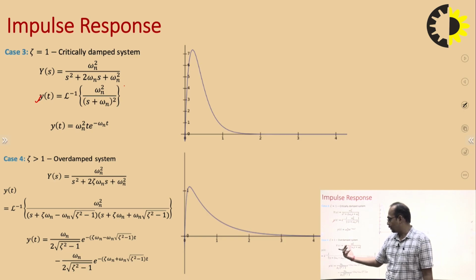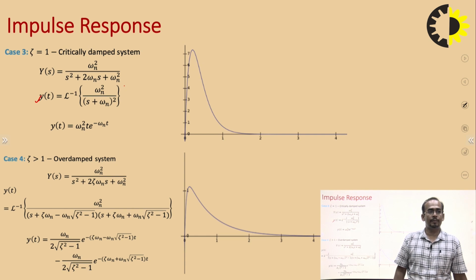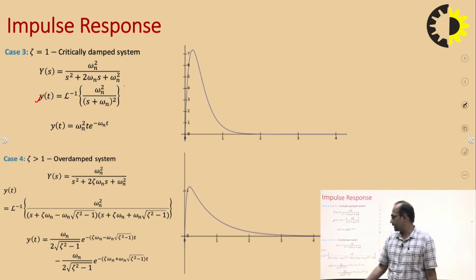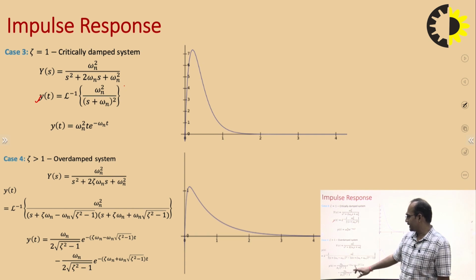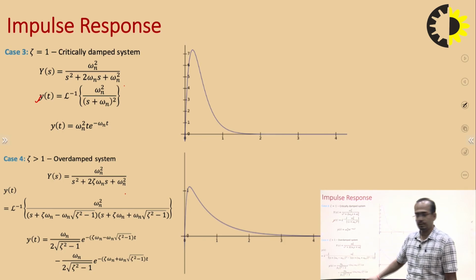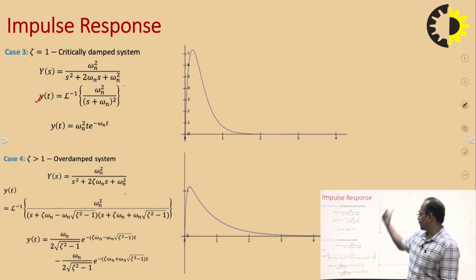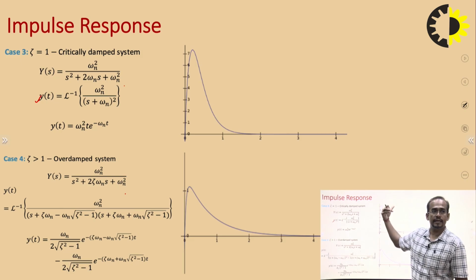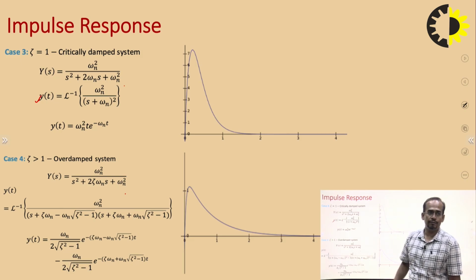Y(s) is equal to omega n square upon s square plus 2 zeta omega n s plus omega n square. For this, again I have to find the inverse Laplace, and by taking this y(t) will be equal to this. So these are the responses in the critically damped case and in the overdamped case.